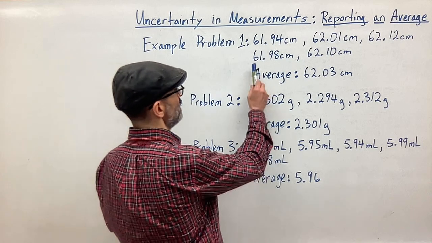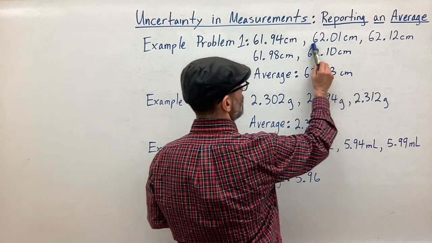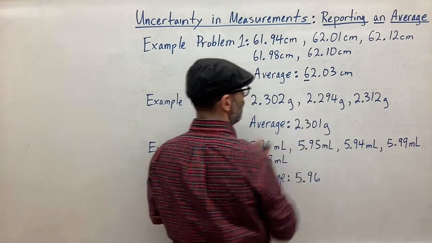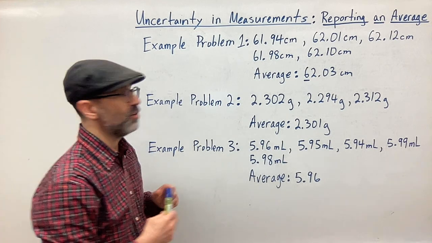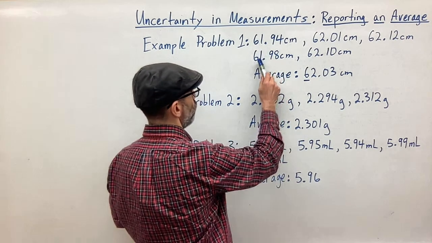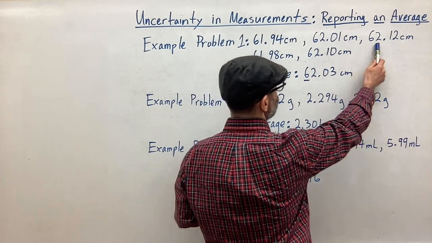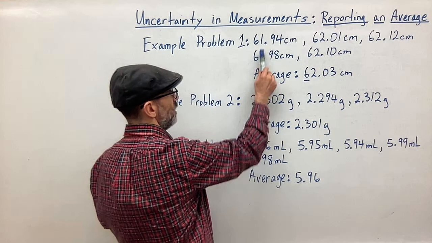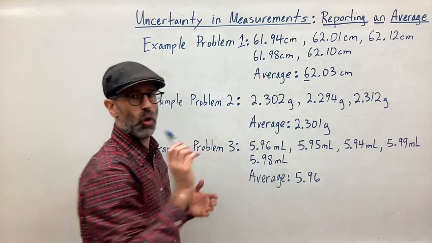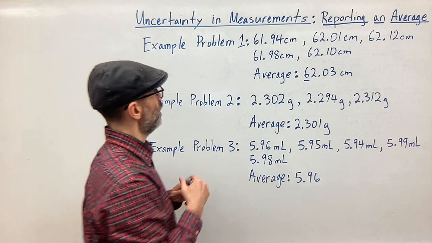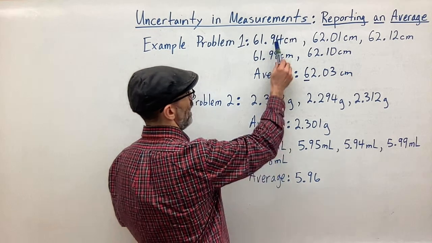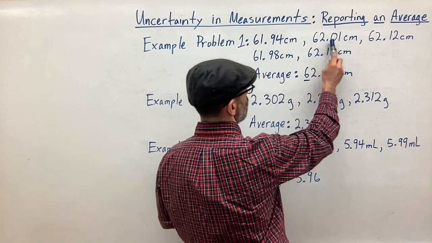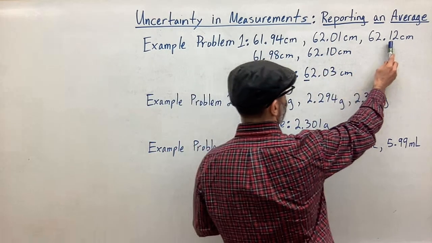So right away, you can see that all of the measurements have 6 in the tens place. So this 6 is allowed to be reported. Then the next digit, we have a 1, a 2, a 2, a 2, right? So that seems to be uncertain in the ones place, but we'll hold judgment on that in a moment. But notice here that at the tenths place, you have a 9, a 0, a 1, and a 1.